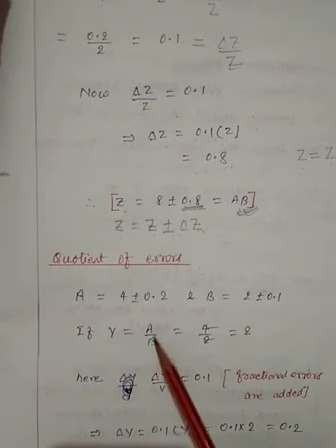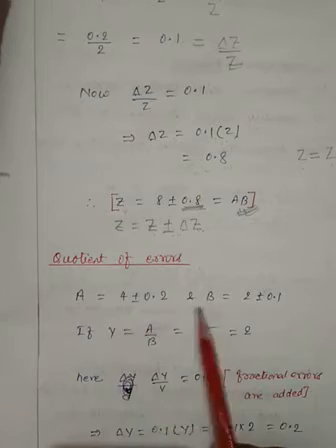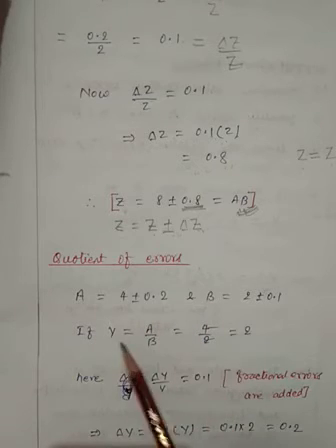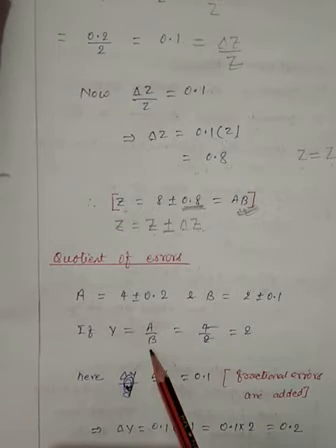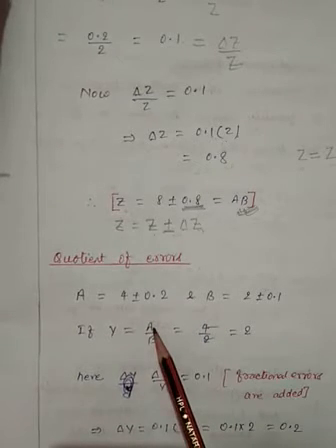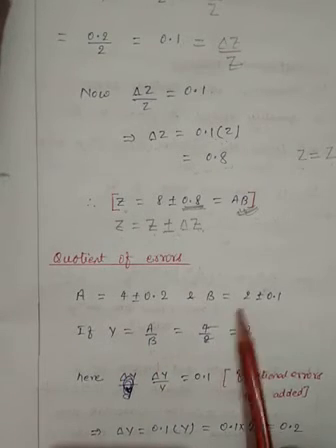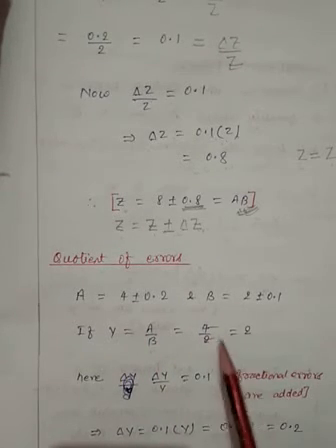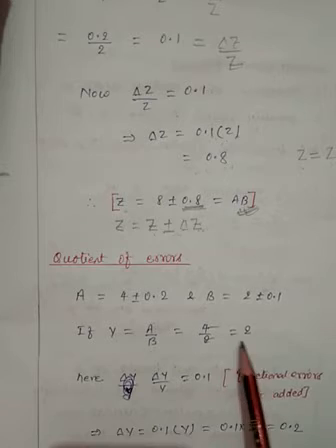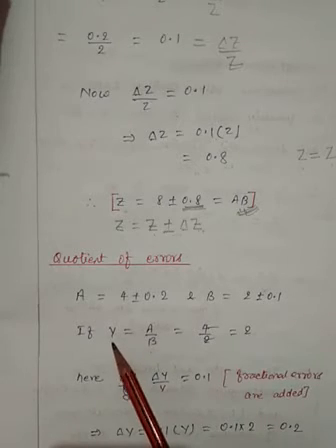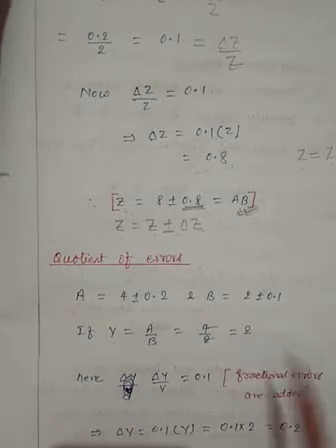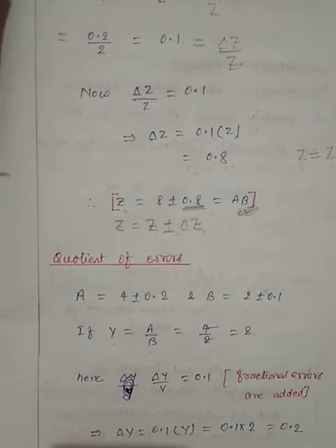So, y is nothing but a by b, because we are interested in the quotient of the errors. So, y is equal to a by b, and what is the absolute part of a? 4. What is the absolute part of b? 2. So, 4 by 2, that is 2. So, we already have the net value of y as 2.